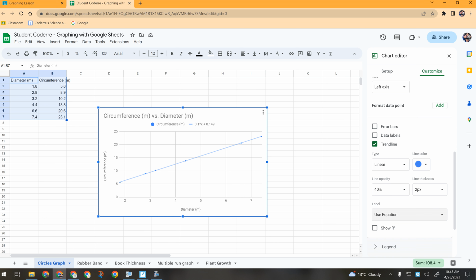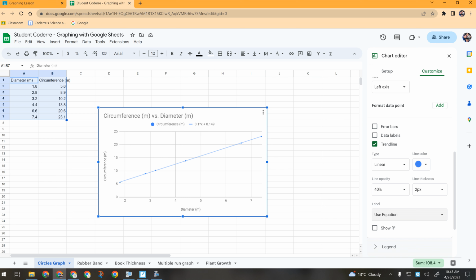My y-intercept is b, and my slope is 3.1. In fact, my slope is 3.14. It's pi, because pi is the relationship between diameter and circumference. If I divide the circumference by the diameter, I will always get pi. That's why the slope of that line ends up being pi.